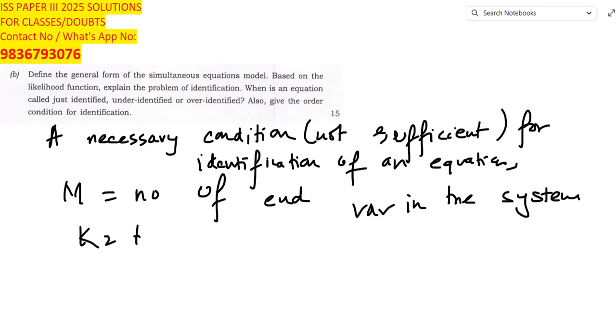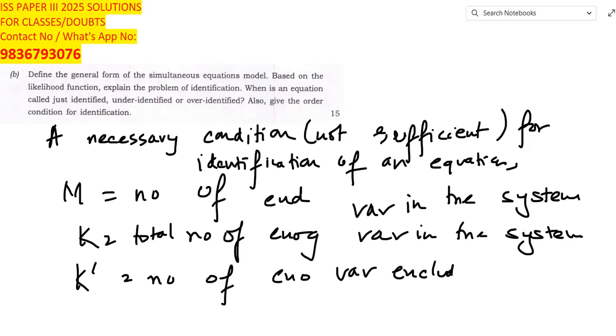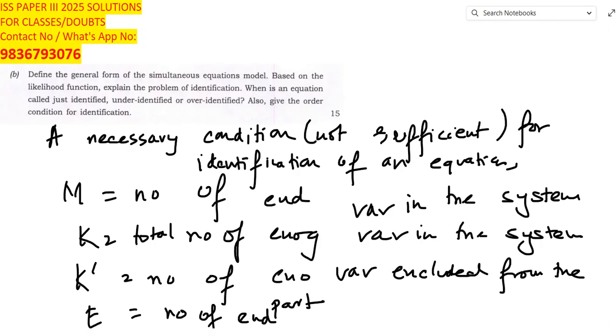Next K, the total number of exogenous variables in the system. And k is the number of exogenous variables that are excluded from the particular equation. And what is E? That is the number of endogenous variables excluded from the particular equation. Okay.